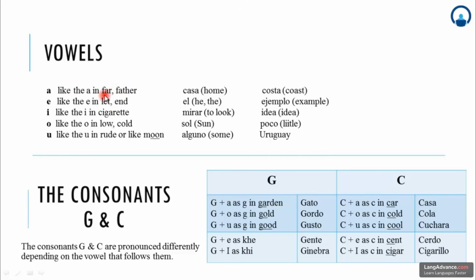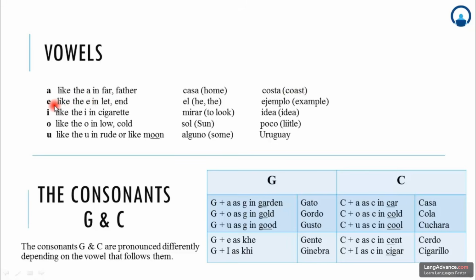So that's A. Examples of words containing the letter A are casa, that means home, and costa, that is coast.